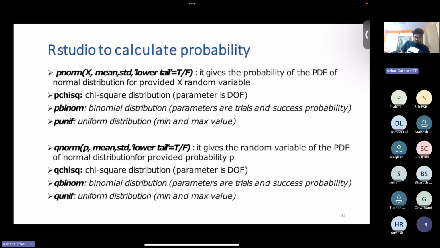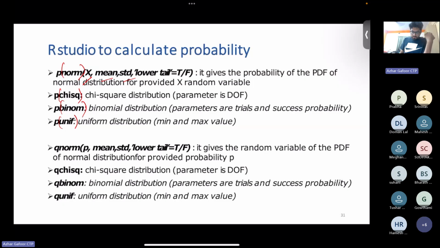Okay, so these are some of the commands that you can use in RStudio to calculate the probability. Here it is the normal distribution, and you can also use chi-squared, binomial or uniform. Here you have to give the value x, then the mean and standard deviation of the normal distribution, or whatever distribution you want.